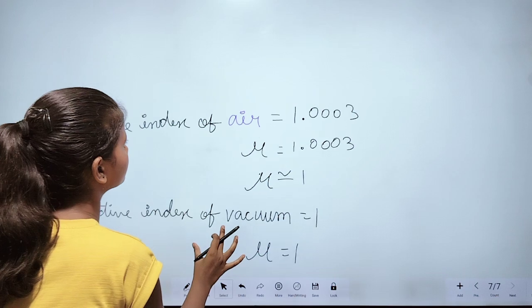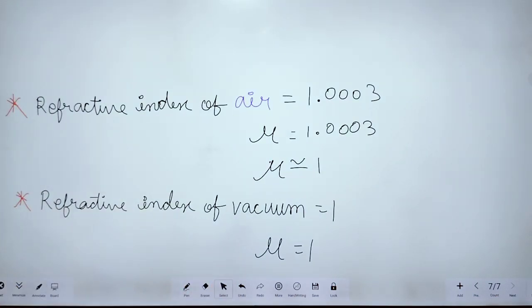So the refractive index of air is equal to 1.0003, and that is approximately 1. You can write mu approximately 1. And the refractive index of vacuum is equal to 1.